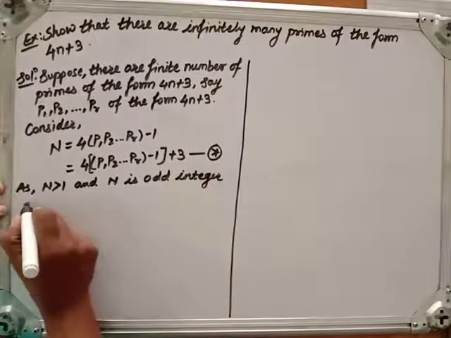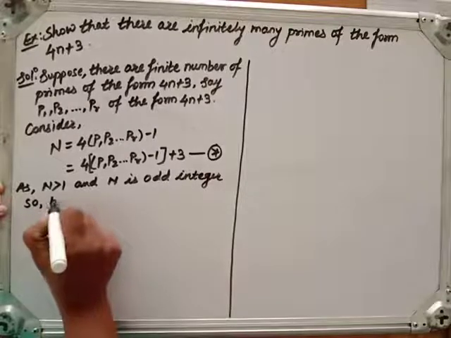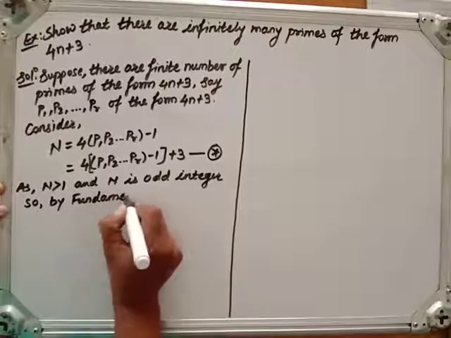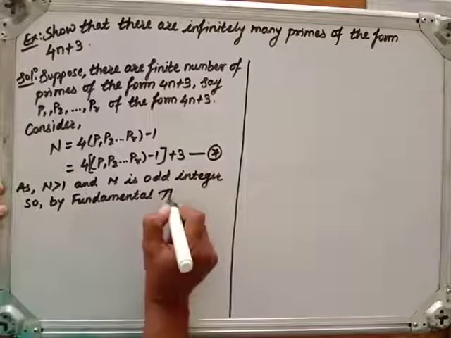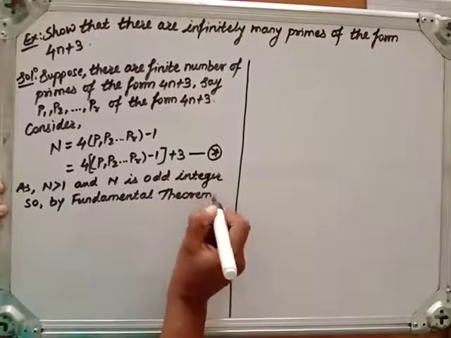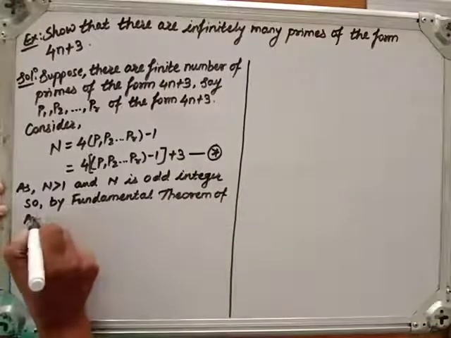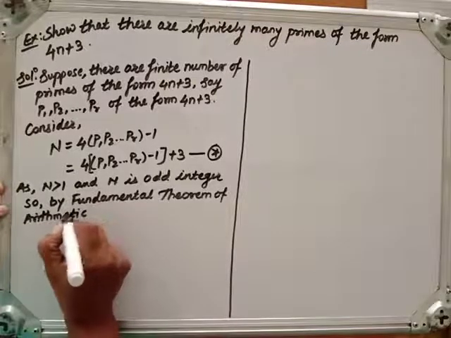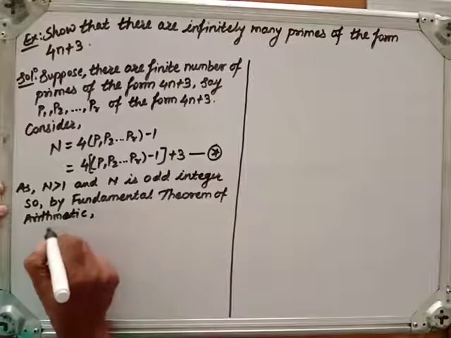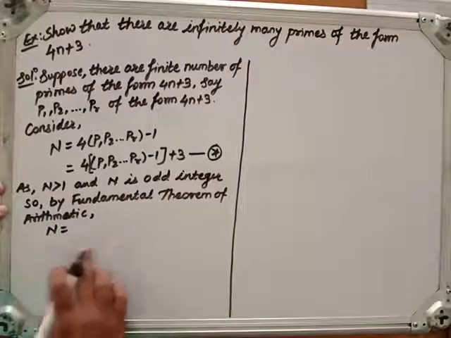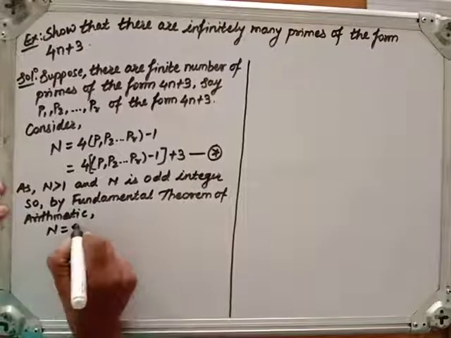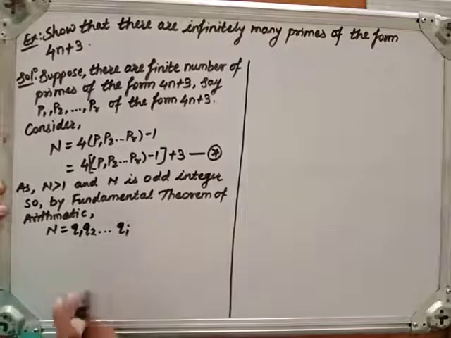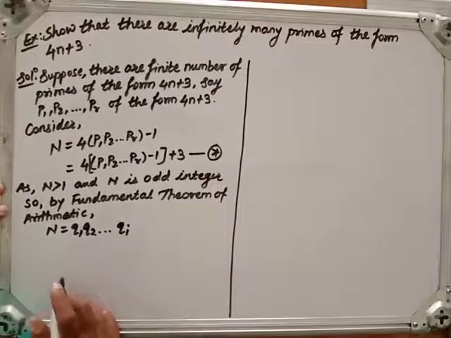Okay. So by the fundamental theorem of arithmetic, what does it say? Any integer can be written as a product of primes. So n will be, suppose, q1q2 and so on up to qi, a product of primes.